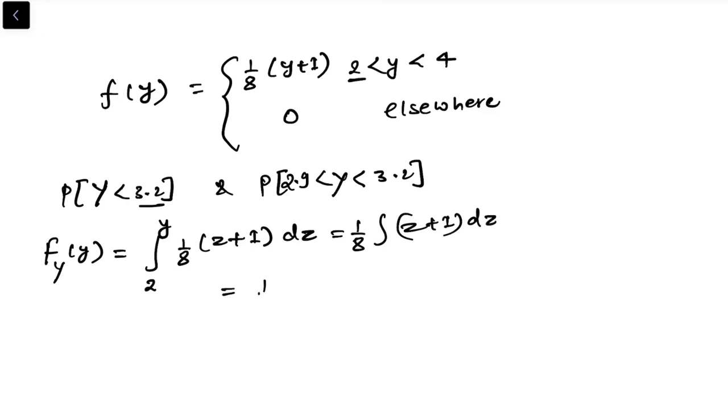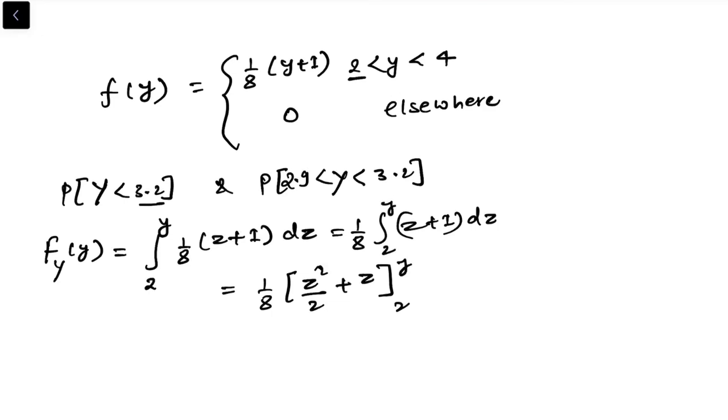The integration is very simple. This is simply z square divided by 2 plus z, and the limit is 2 to y, right? So this is 1 over 16 times y square plus 2y minus 8. So this is the general CDF.